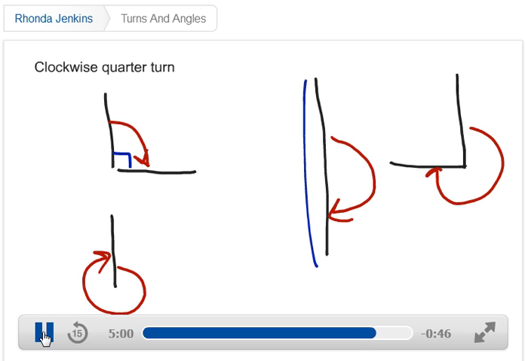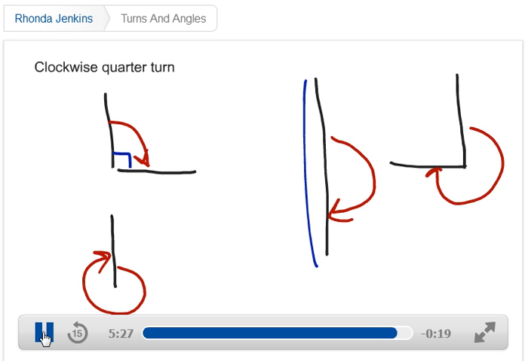This is a 180-degree angle because it's straight. Of course, if I could use a straight edge in this program, I would, but I can't. So just understand that that is supposed to be a straight line. It is also called a 180-degree angle.